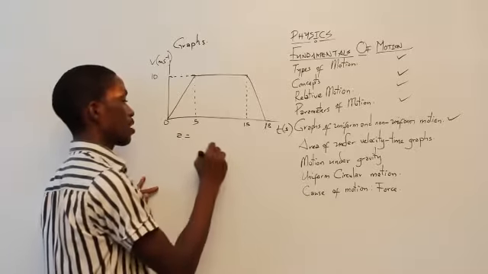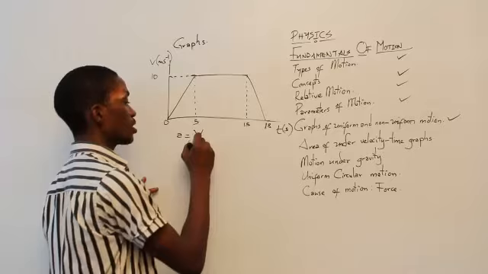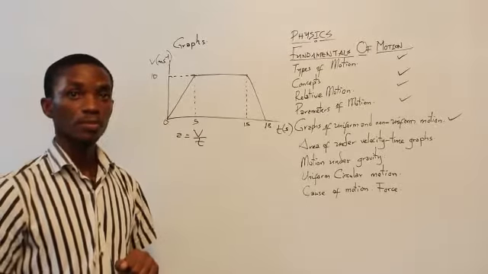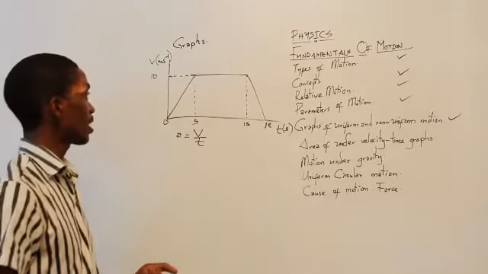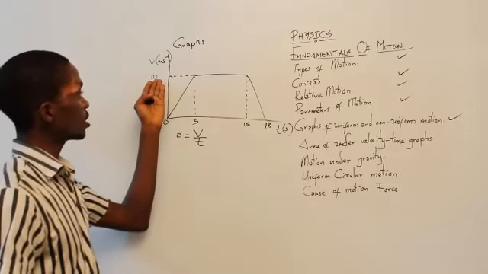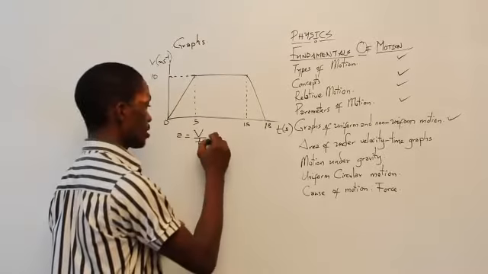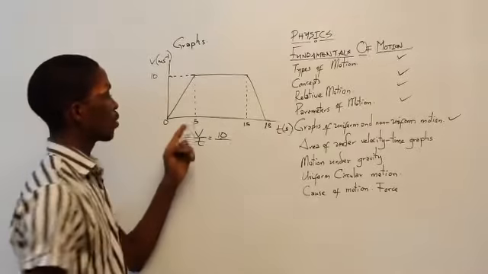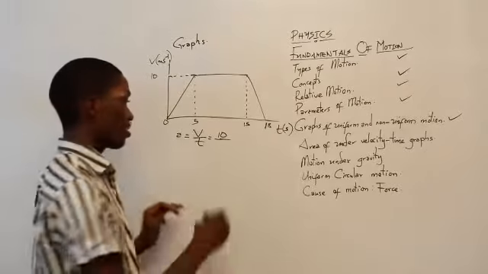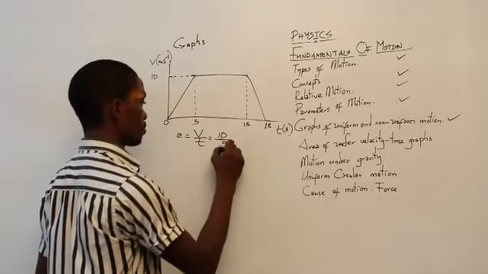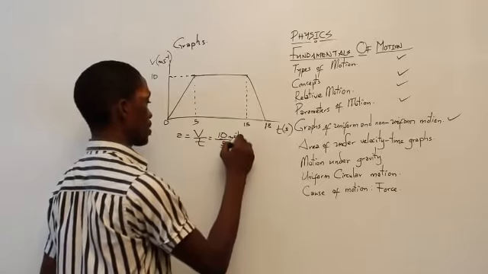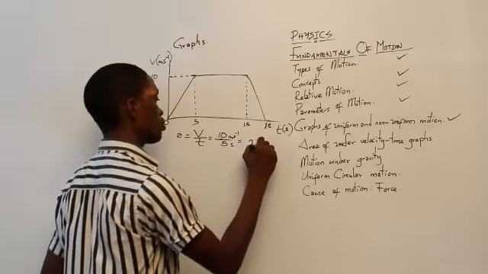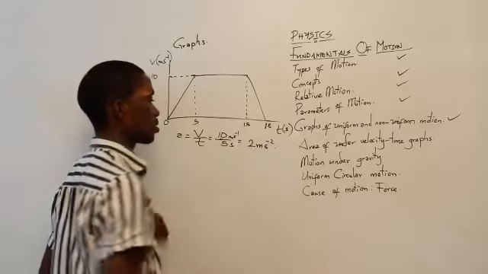Acceleration is calculated as velocity divided by time. The velocity is 10, and the time taken is 5 seconds. 10 meters per second divided by 5 seconds gives us 2 meters per second square.